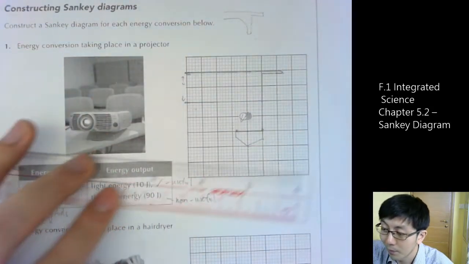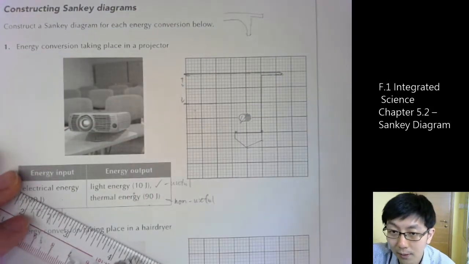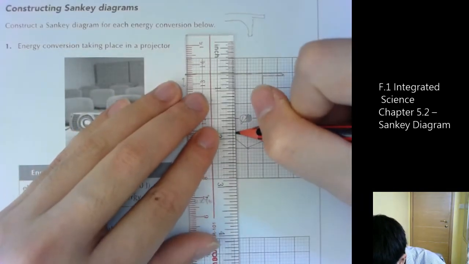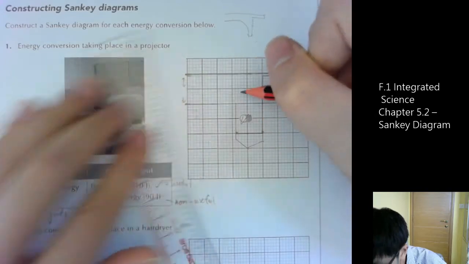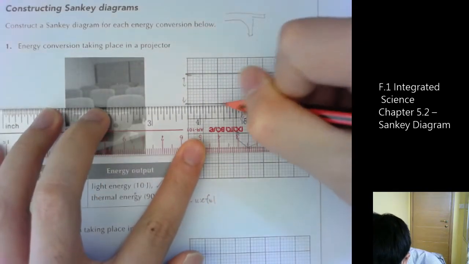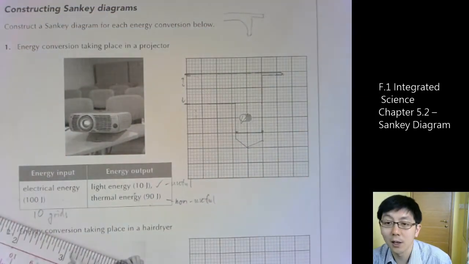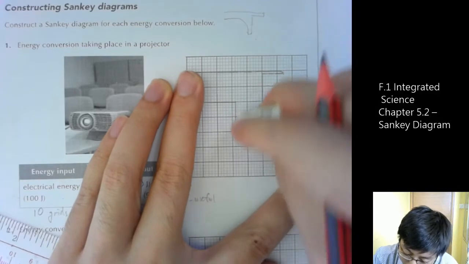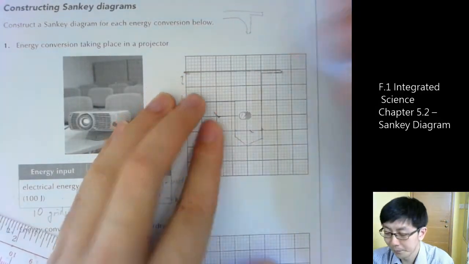Oh, WhatsApp message. Never mind, it's okay. Here, right angle. And then we connect them together. Actually, you finish the Sankey diagram. To make it look better, I cross out this one.